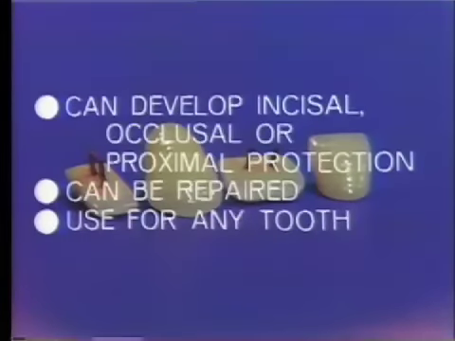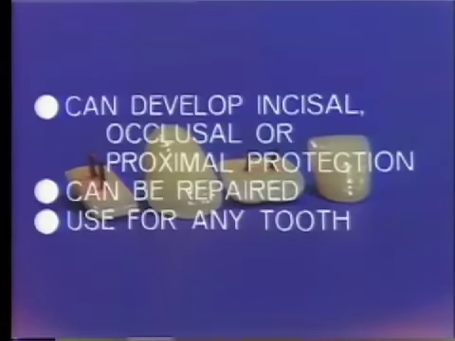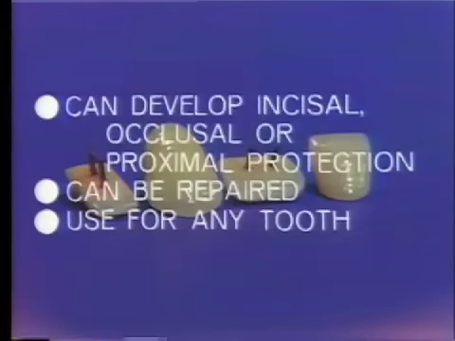Should these facings fracture, which they rarely do, it is not too difficult to repair them without removing the bridge from the mouth. They can be used for any tooth around the mouth, from mandibular incisors right round to maxillary molars. They are therefore a very versatile Pontic facing which has many advantages and can be used extensively in fixed bridge work.